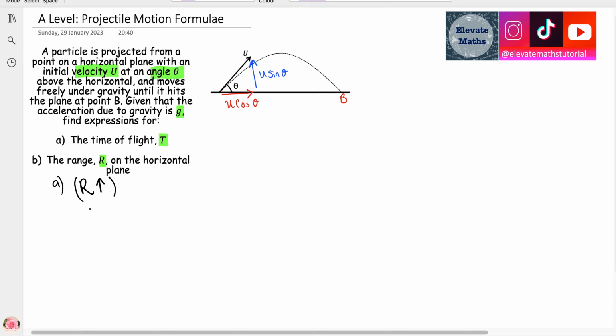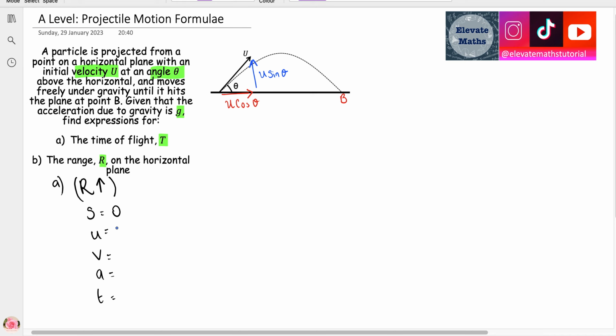what we are going to have is SUVAT. S-U-V-A-T, and the vertical displacement is 0. You started at that point on your plane and you're back at the same place, so vertical displacement is 0. The initial velocity, when resolving vertically, is u sin theta, so let's plug that in.